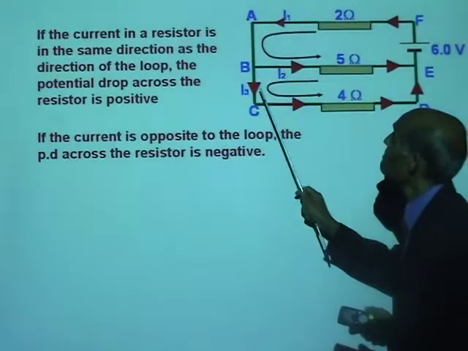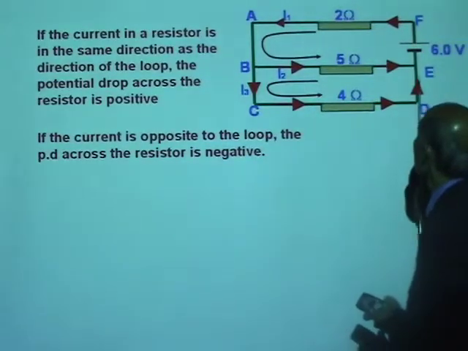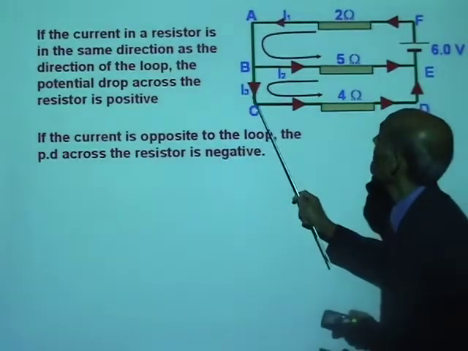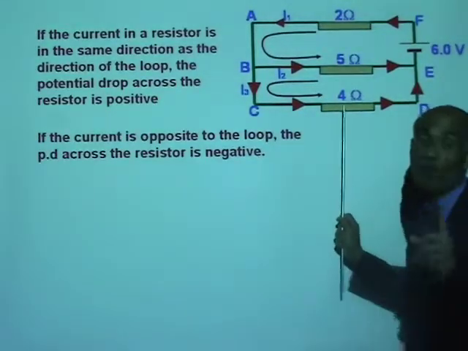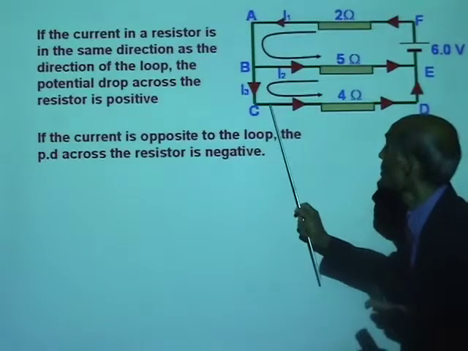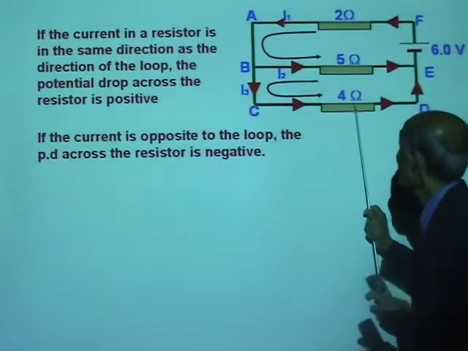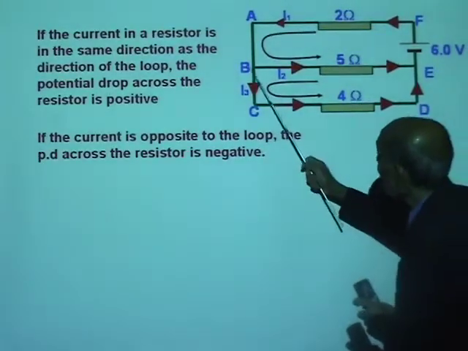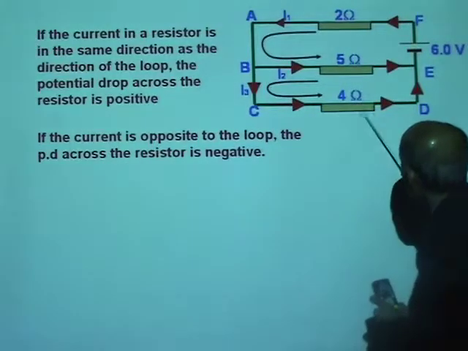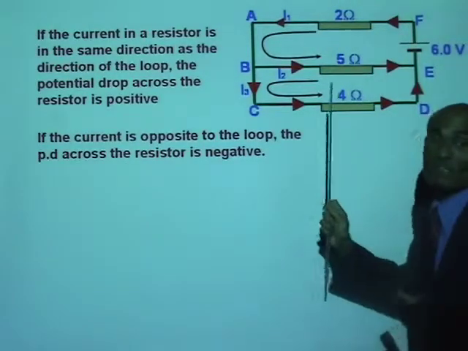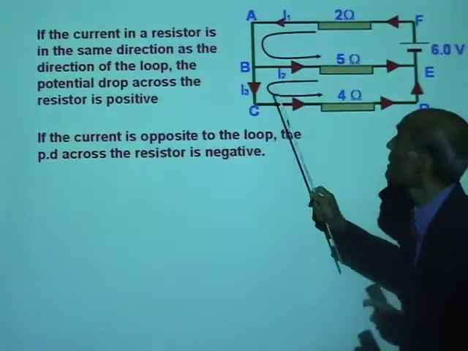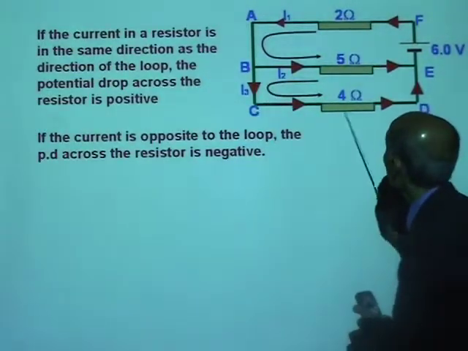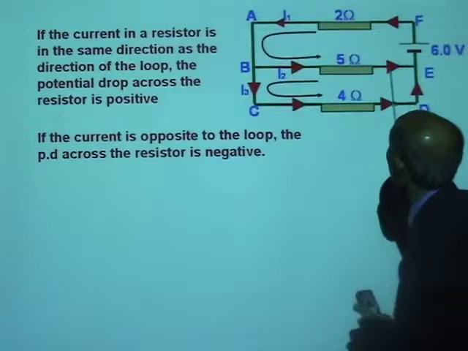So watch this again. In the loop BCDEB, the potential drop across the 4 ohm is positive. Why? Because the current flows in the same direction as the direction of tracing the loop. But the potential drop across the 5 ohm is negative because the direction of the loop, what's my pointer going?